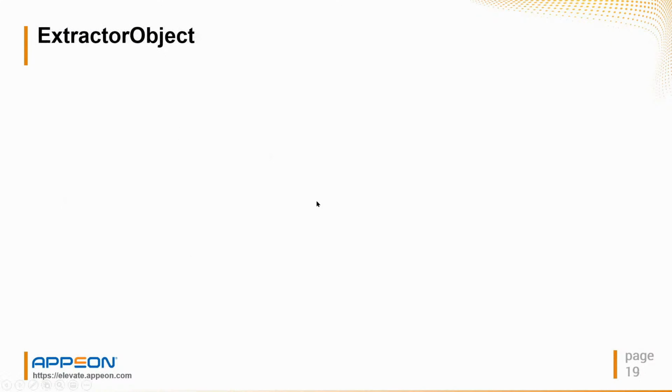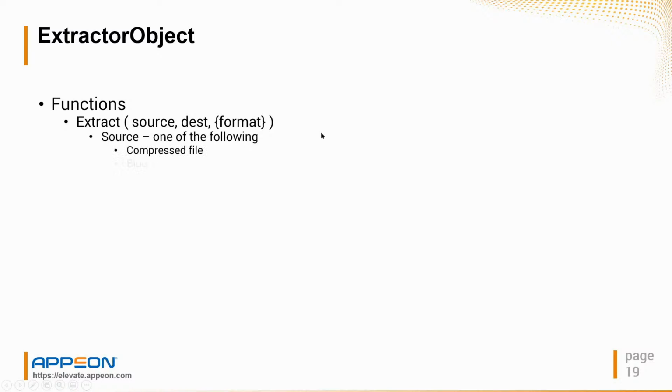Okay, so now you've taken all your files and you've compressed them. You want to extract them back out. Well, that's what the extractor object is for. There's an extract function on here. Like compress, it has a source, a destination, and a format. The source can either be a file or memory, a blob.